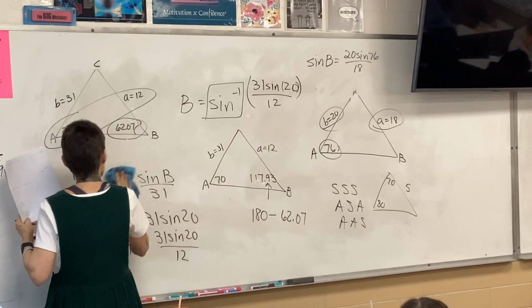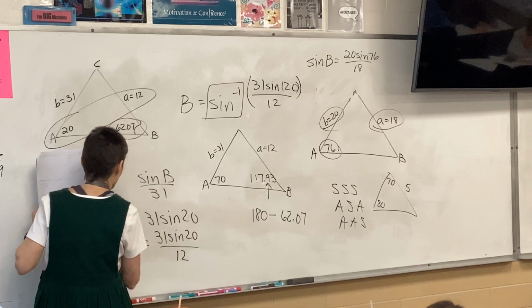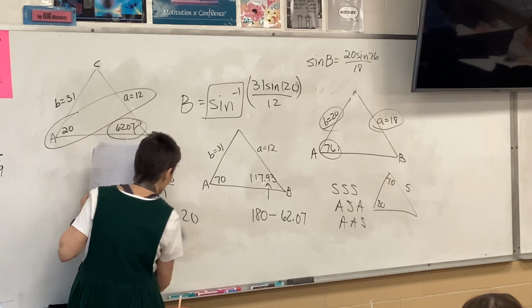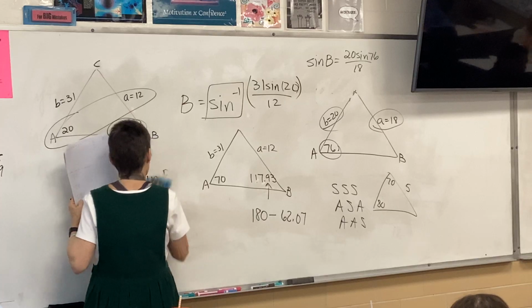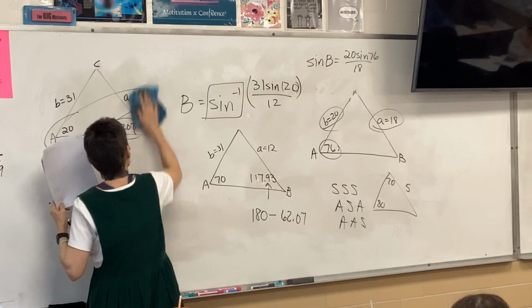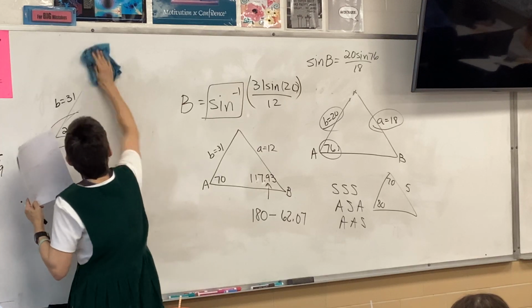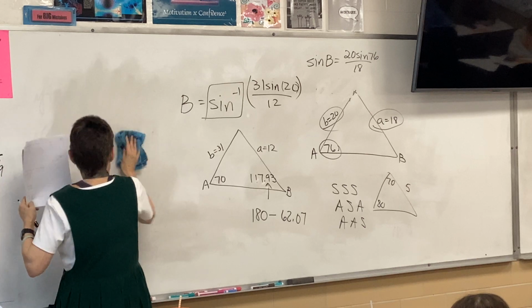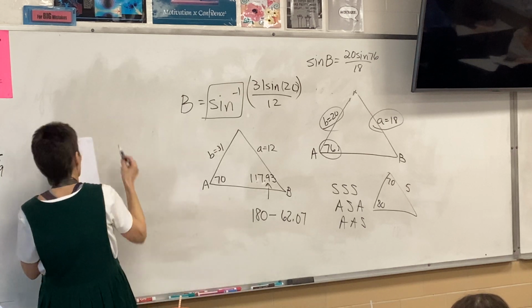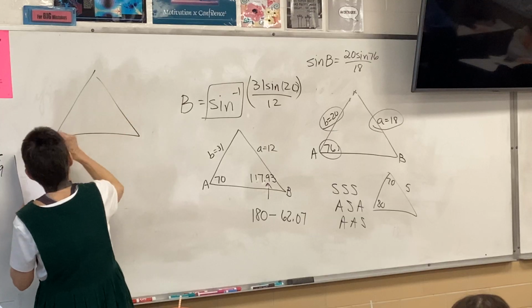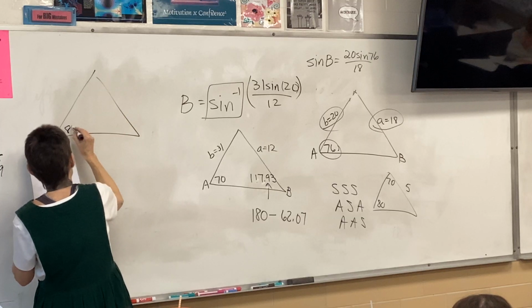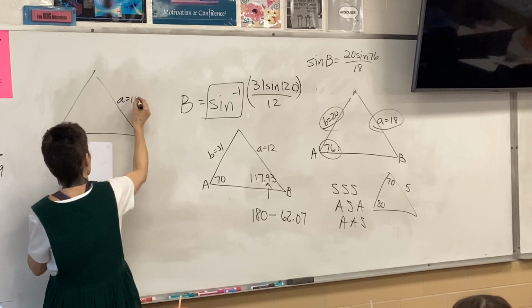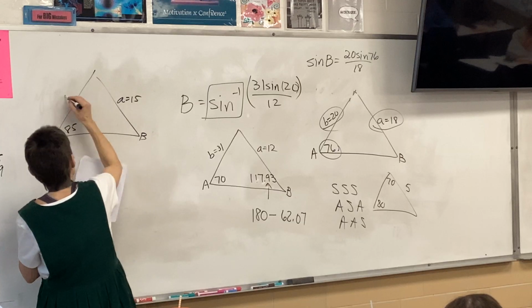I'm going to draw the same picture I've been drawing. You label everything in the same spot. And I'm going to set up my law of sines. So angle A is 85, side A is 15, and side B is 25.